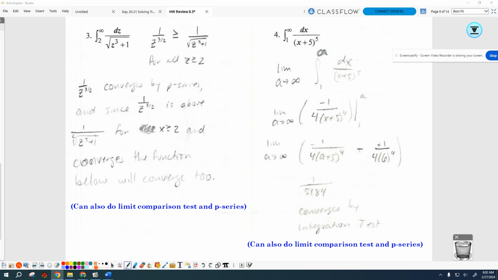But if I just said, does it converge or diverge, I could have done the comparison test or limit comparison, and then said by p-series, 1 over x to the 5th converges, and by limit comparison, these went to infinity at the same rate, therefore they both converge. This one, I did the direct comparison, which is a little gutsy.